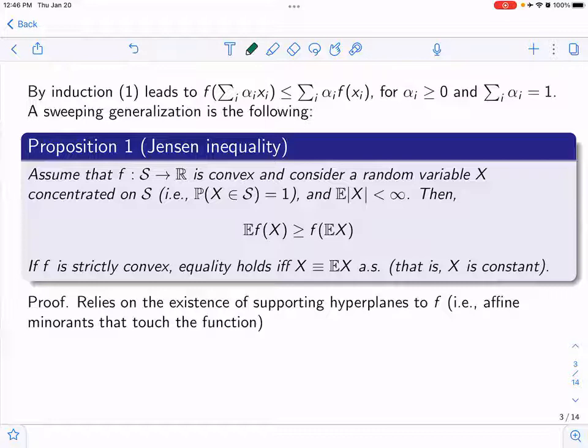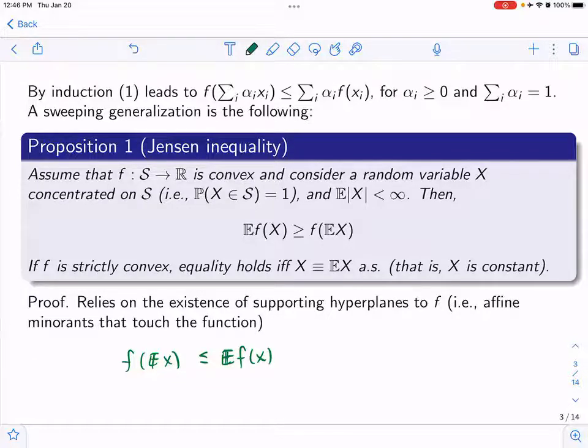So the idea is basically what happens to the expectation if I move it inside a convex function. If I have a convex function and apply it to a random variable, f of E of x, it's easy to remember this way: if I pull it out, if it's a convex function, it gets bigger. Pulling the expectation out of a convex function makes it larger.